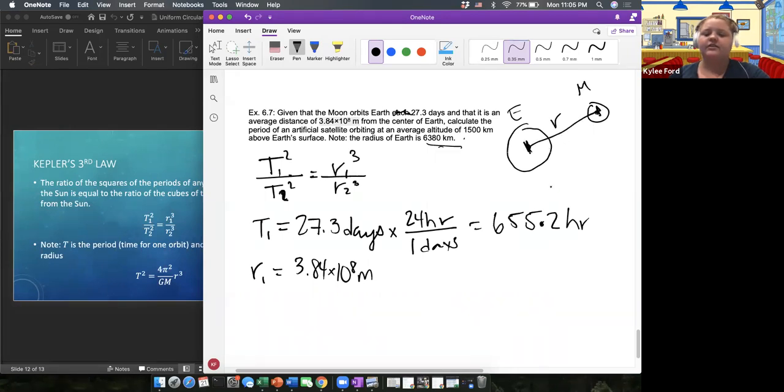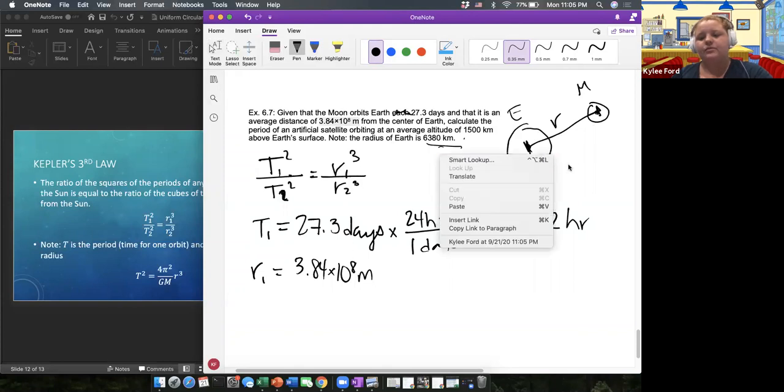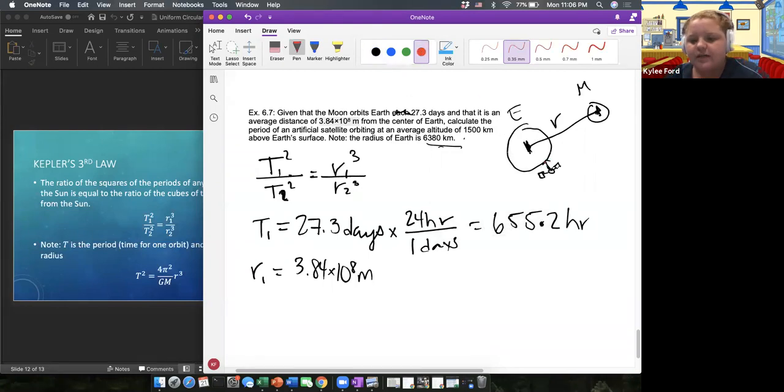That is R. So what I'm looking at here is, if my satellite is here, this is my little satellite, it tells me my altitude here, which is just the altitude above Earth. Let me go ahead and make it a different color.